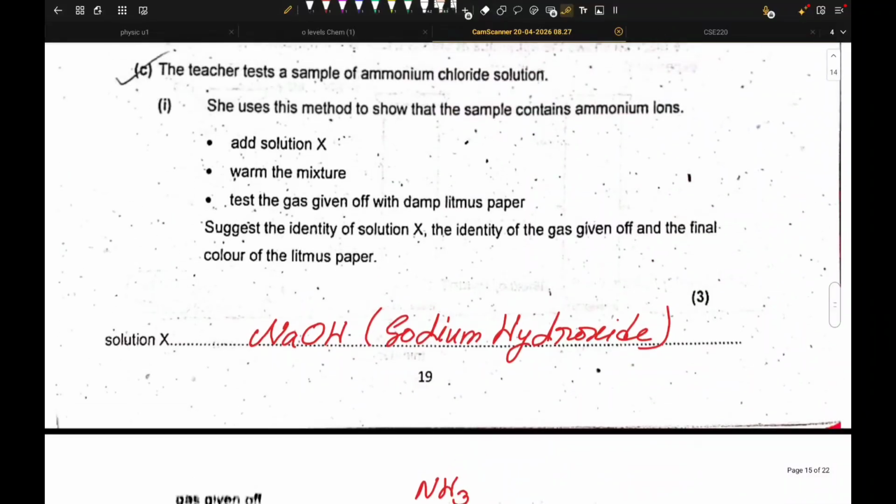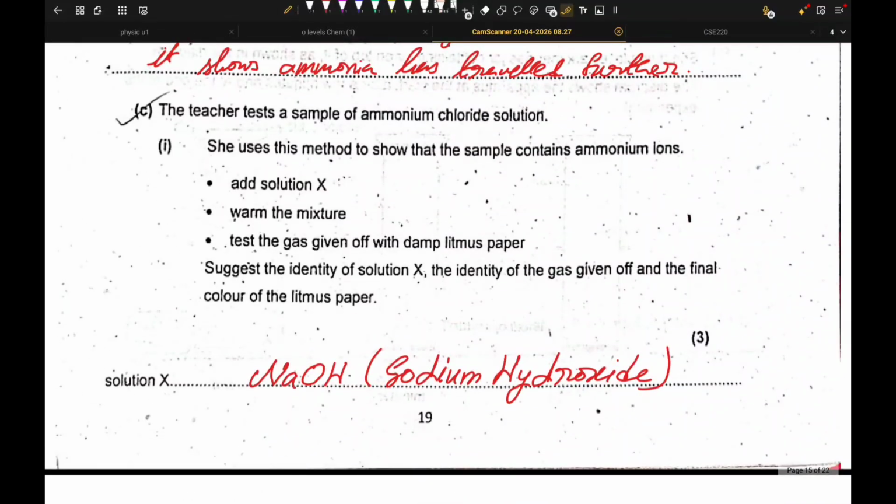And in this one, okay, this part is something that I should explain. Teacher tests a sample of ammonium chloride solution. She uses this method to show that the sample contains ammonium ion. Add solution X. Now, when we learn about the chemical tests part, we will learn that before performing some experiments, we have to add different kinds of solutions like sodium hydroxide to get rid of unwanted gases that might be produced.